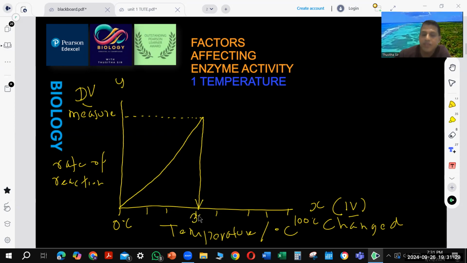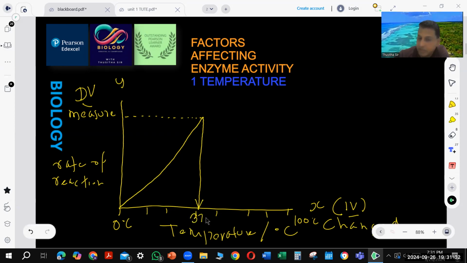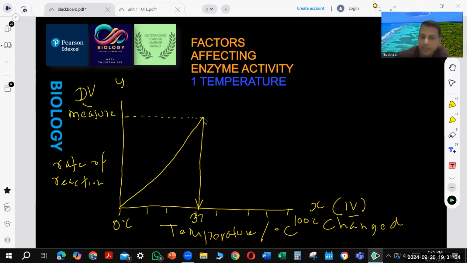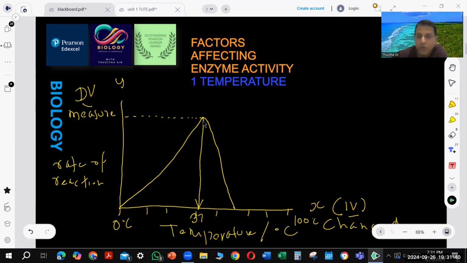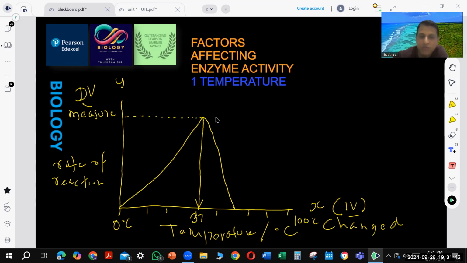It is 37. Then after that, you will notice it is decreasing. The maximum level is reached at the top of the mountain, the highest level, and you can see this temperature, 37.